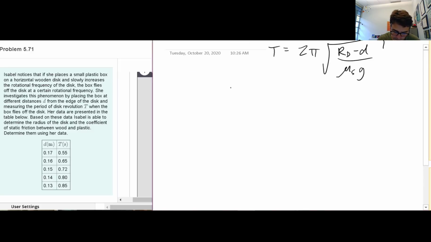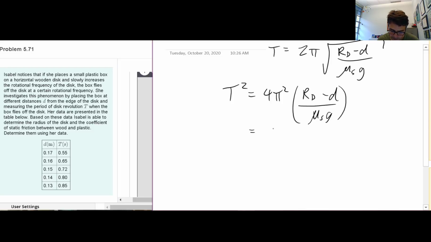So if we do t squared is equal to 4 times pi squared times, now this square root just becomes (r_d minus d) over mu sub s g. Let's multiply through by the 4 pi squared and separate this all out. So you've got 4 times pi squared times r sub d divided by mu sub s times g, minus 4 times pi squared times d divided by mu sub s times g.